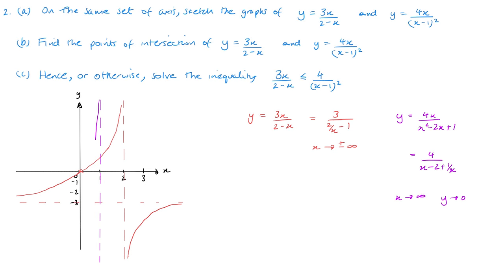It goes through 0, 0, because when x is 0 the top is 0, so y is 0 as well. But it's what's happening this side of the line. Okay, and the squared on the bottom means that this value on the bottom is going to increase quicker, isn't it?